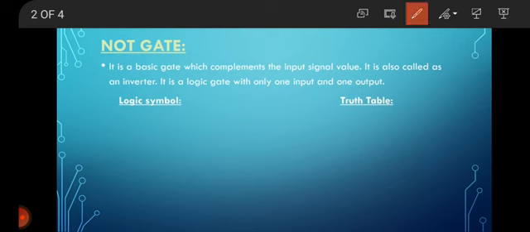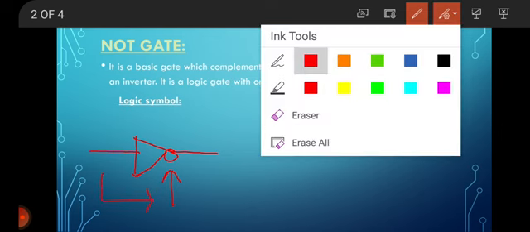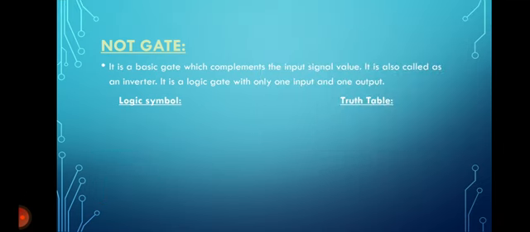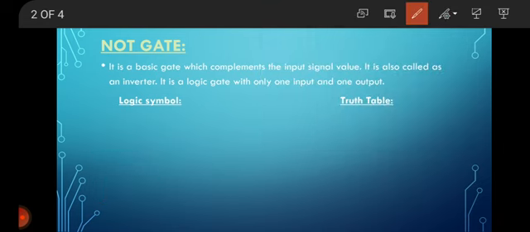See the logic symbol. It has one input and one output. But in NOT gate we use a bubble here. Bubble represents complement of the input. See the symbol.